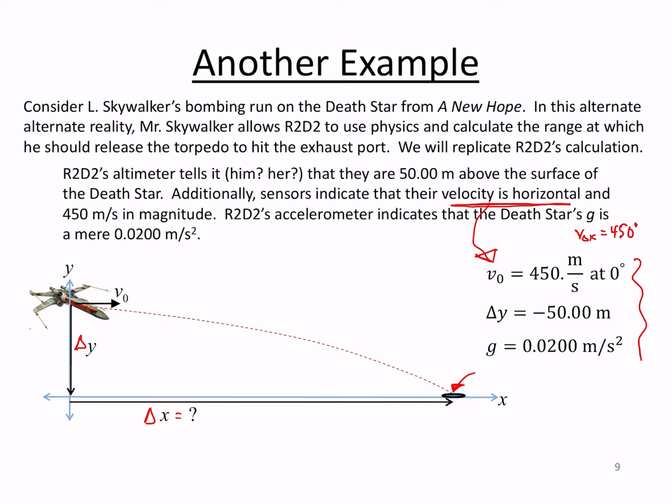Because it's horizontal, okay? And it also tells us that if the whole thing is in the x direction, well then the y component, the vertical component of its initial velocity, is just 0, okay? As we will see, that considerably simplifies the calculation we're about to do.